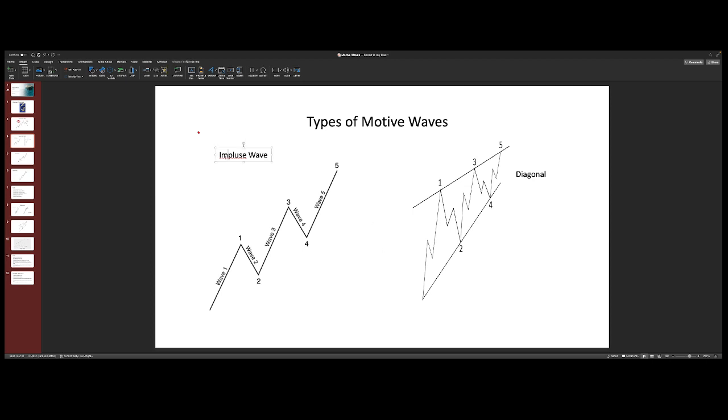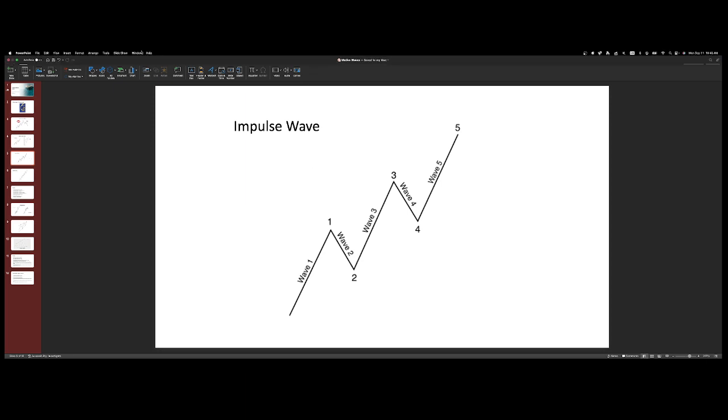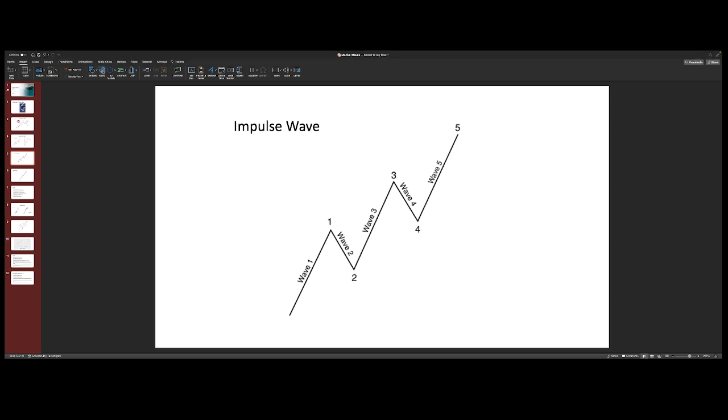Let's go into the impulse wave first. Let's see what that one is about. Here we have the impulse wave. As is explained in the Elliott wave theory, the impulse wave is made up of 5 waves. There are 3 simple rules.